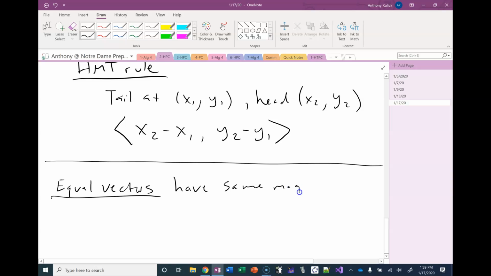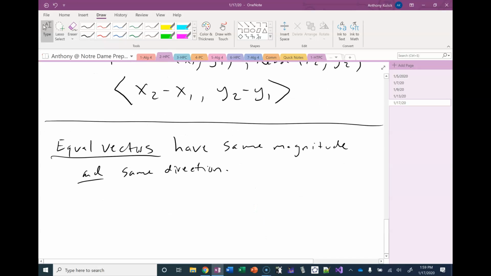Well, they have the same magnitude and the same direction. So for example, if I have this vector v and this vector u, those look equal to you guys?